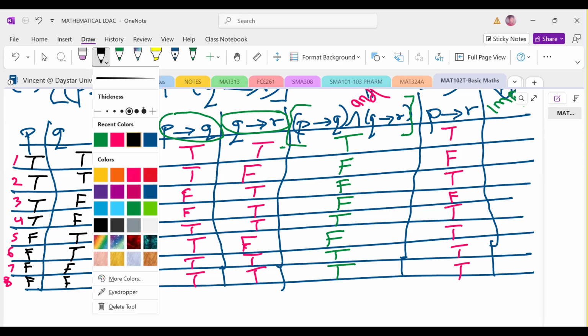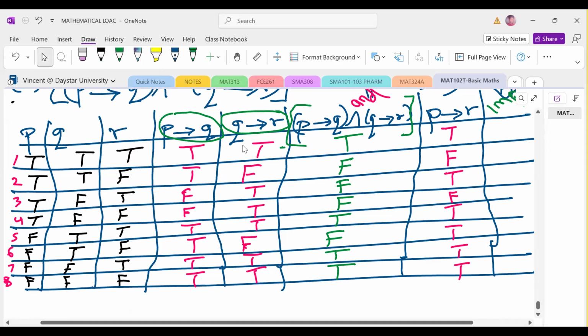So which lines are possible candidates of getting an F? I haven't said it is F, but which lines can give us that possibility?